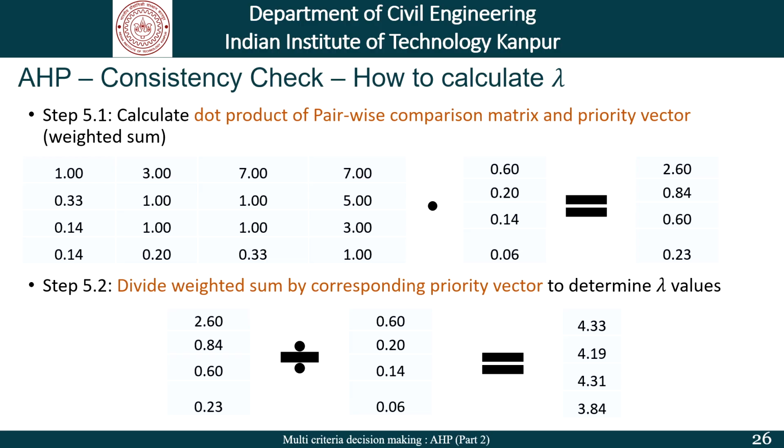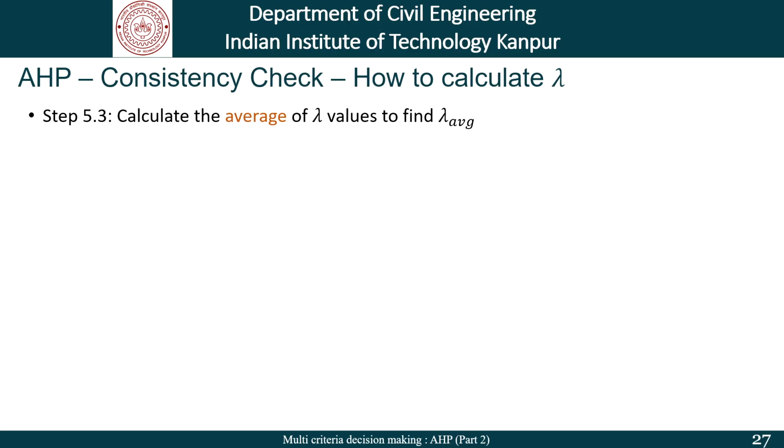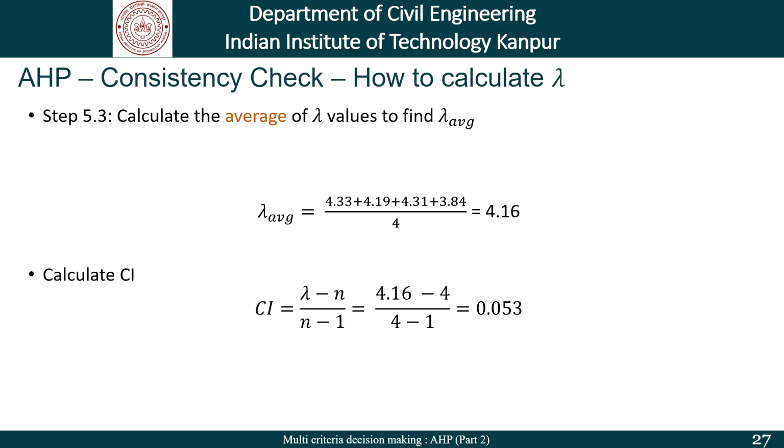Once we have done this, the next step is to sum all these values of lambda and then divide by 4 to find the overall lambda. So, in our case, the lambda is 4.16. Now, to calculate Ci, we know that Ci is equal to lambda minus n divided by n minus 1.